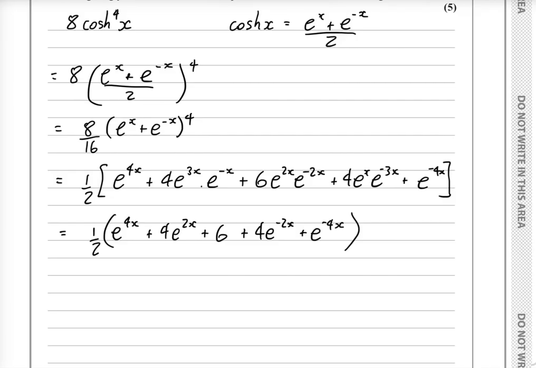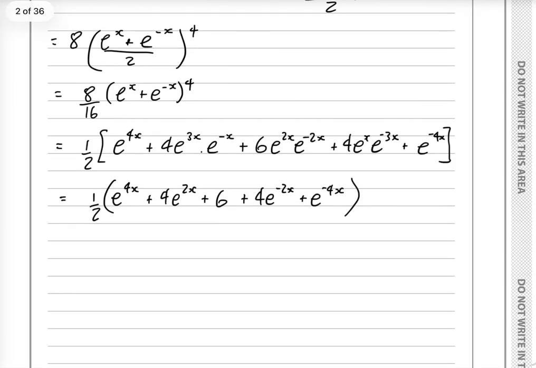Now we can group them. We've got 4x and minus 4x, and everything is over 2 here, so I'll make it look like the cosh definitions. We've got e to the 4x plus e to the minus 4x over 2, plus 4 lots of e to the 2x and 4 lots of e to the minus 2x. Again, over 2, because that's part of our cosh definition, rather than cancelling with the 4.